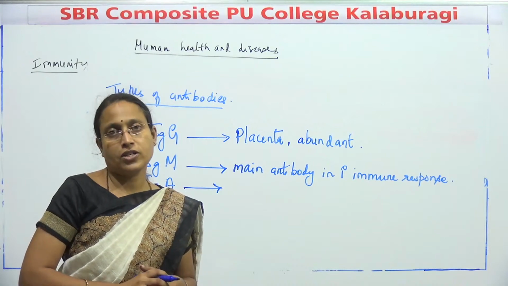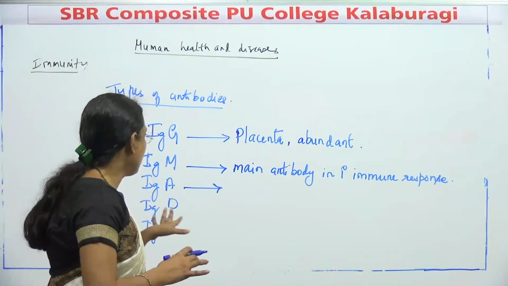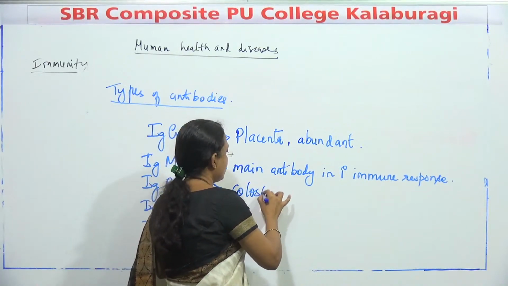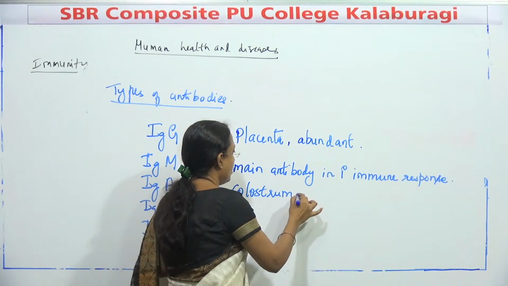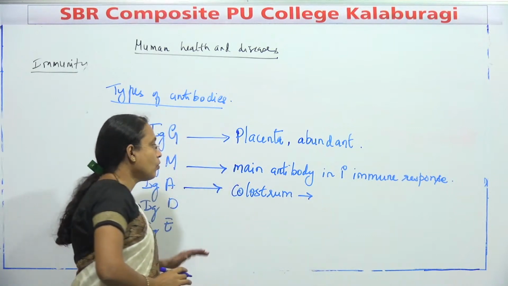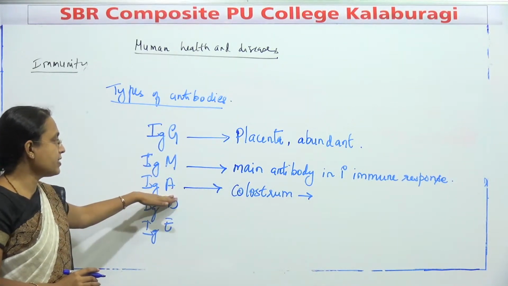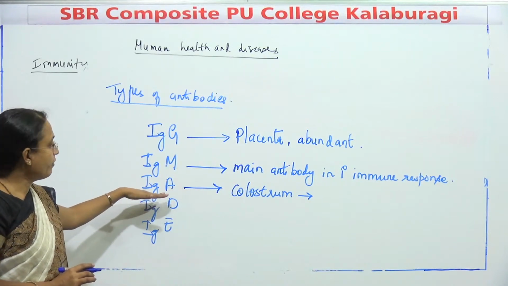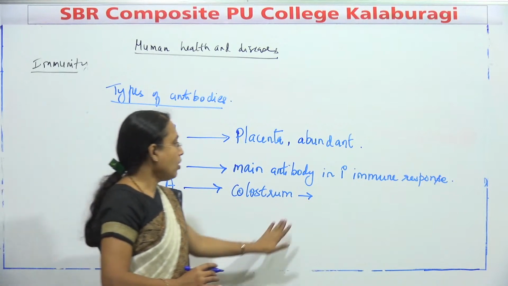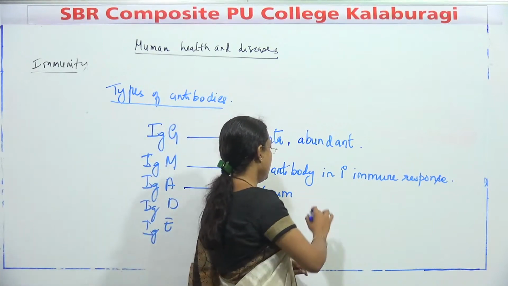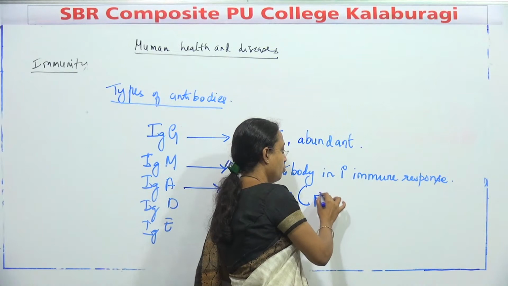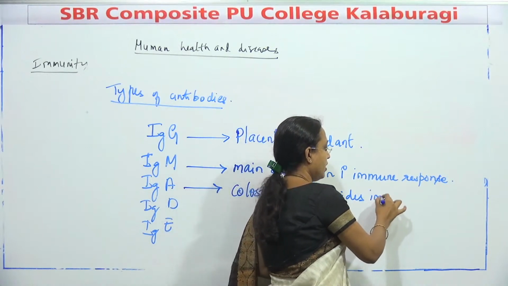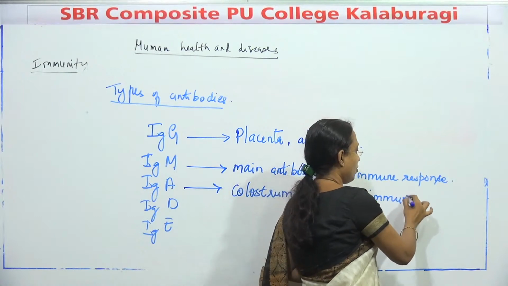That is called colostrum, and this is the antibody present in colostrum: IgA. Colostrum is responsible for providing immunity to the newborn. So IgA provides immunity to the newborn.